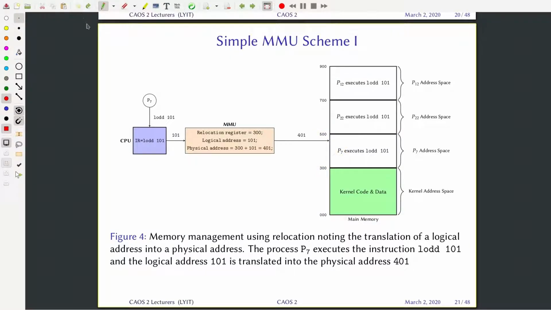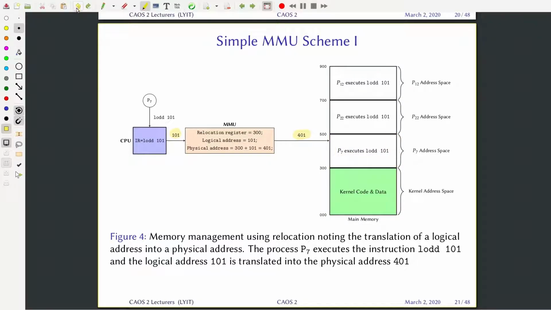So the question then is, how do we take this 101, which is our logical address, and translate it into a correct physical address? We're assuming that 101 will map to an address somewhere in this address space here, in other words, the address space that's been allocated in physical memory to P7.